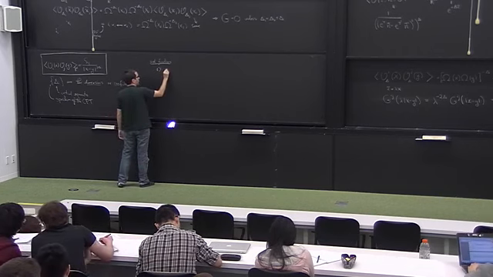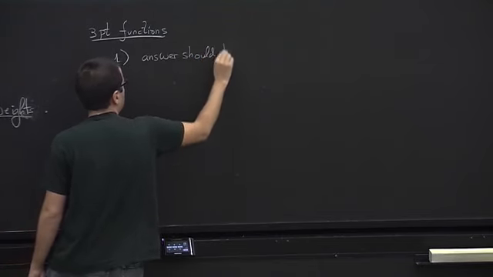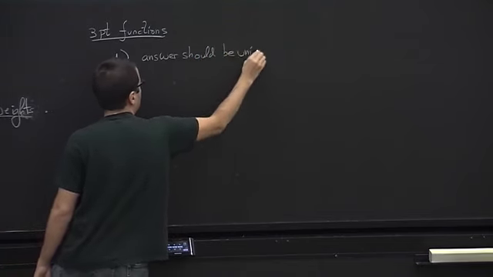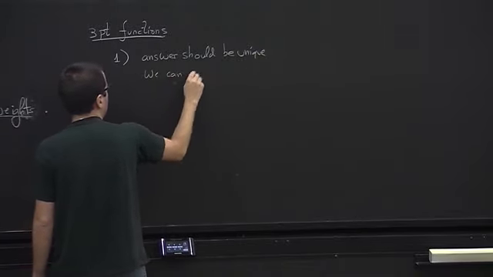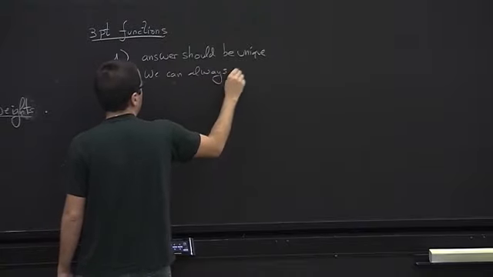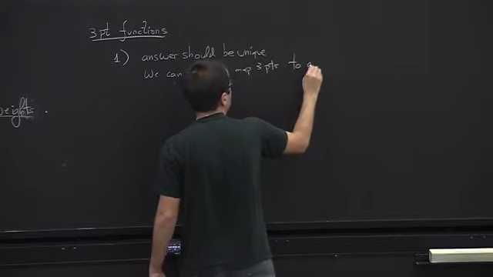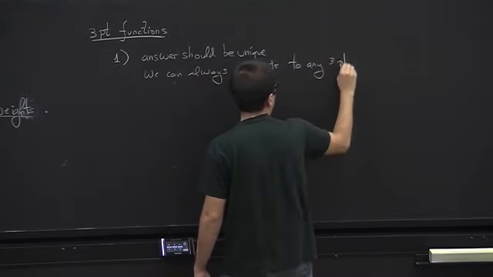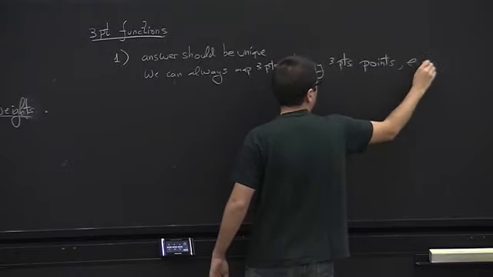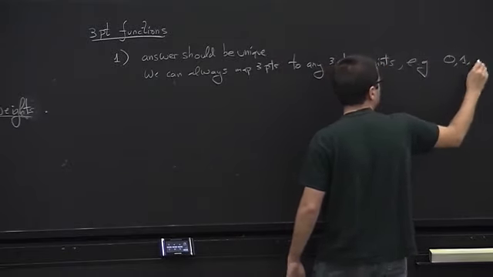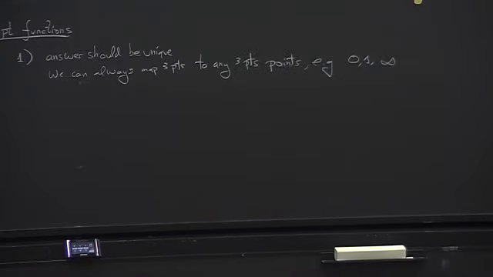The answer should be unique, because we can always map 3 points to any 3 points anywhere we want, like for 2 points. For example, the conventional choice is 0, 1, and infinity, but it can be 0, 1, and 2 if you want.